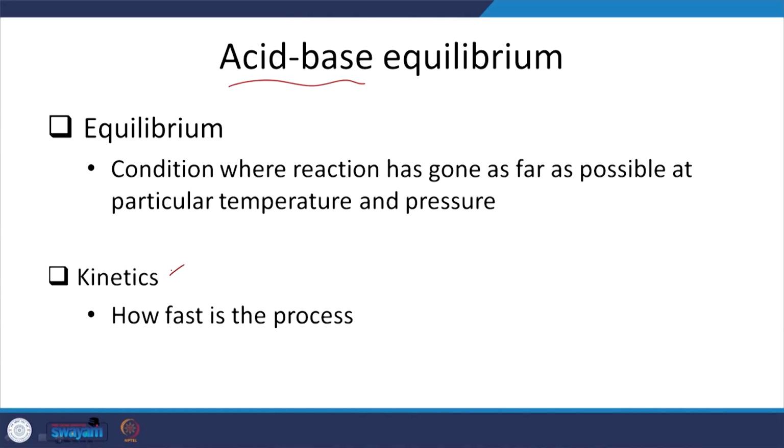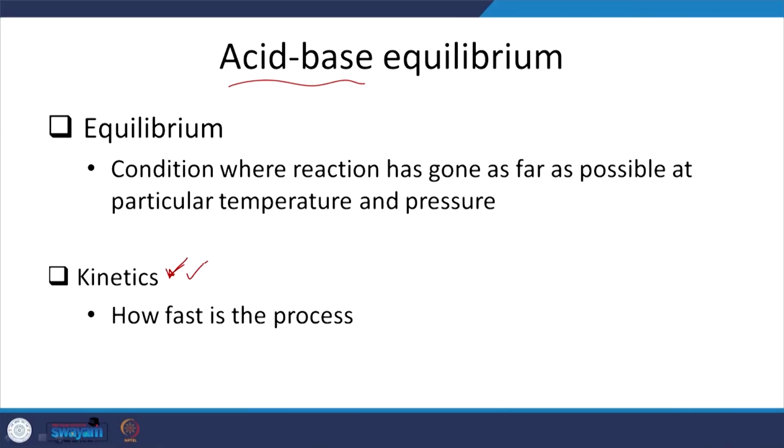In that context, kinetics will tell me how fast the system or the process is going, and equilibrium will tell me, given enough time for the relevant temperature and pressure, how far the system can go. In general, acid-base reactions have very fast kinetics. That is why acid-base equilibrium is almost always achieved.